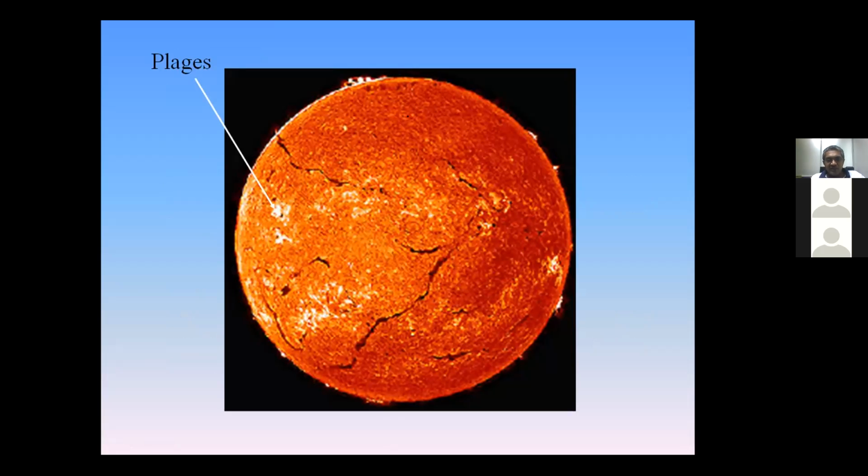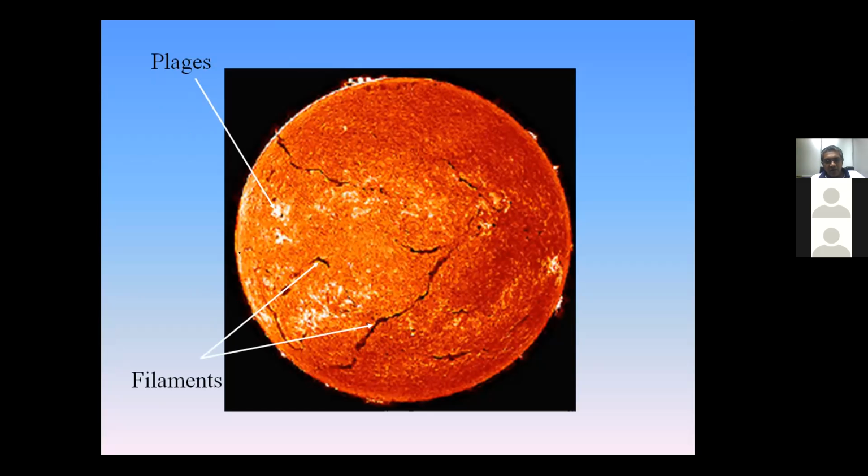Otherwise, you don't see them. Here you can see there are very bright spots, so they are identified as plages. And then these black strips, or fractured features, are identified as the filaments.